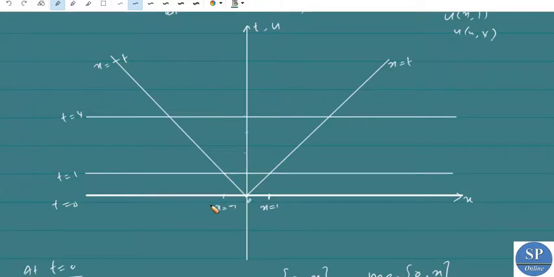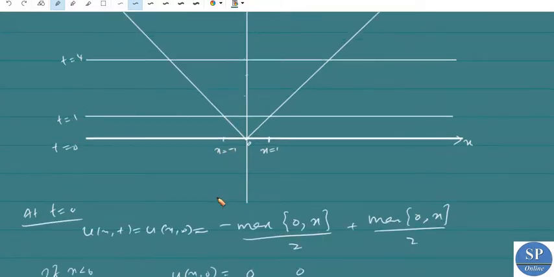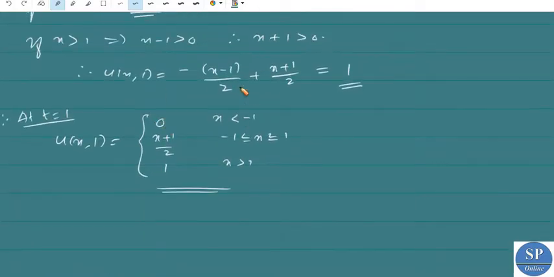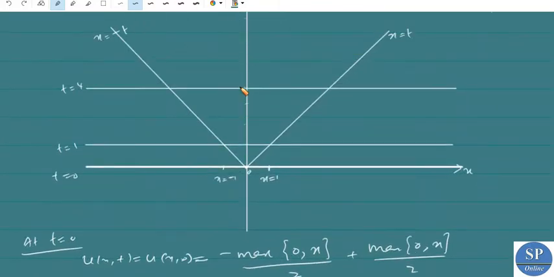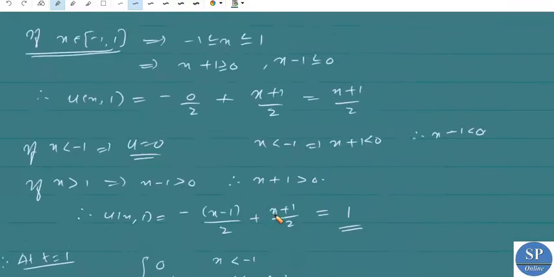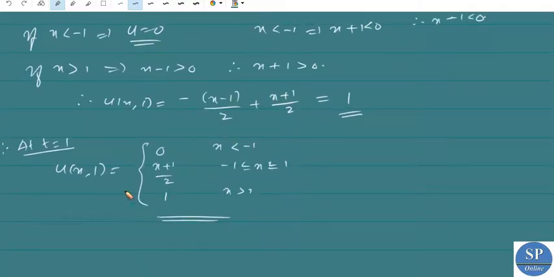Okay, so we have this is minus 1. Now we have our curve at t equal to 1, which is 0 for x less than minus 1, that is u is 0 for x less than minus 1. So we can represent it like this. This is u equal to 0. Clear? And when x is greater than 1, then we have u equal to 1, right?